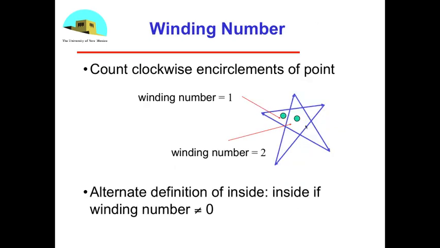Here we observe that the winding number, if you draw a line, all you have to do is look at the directions of the edges that it crosses to get the winding number, and just say if the winding number is not equal to 0, then you're inside of the polygon. And this ties together with the notion of tessellation and tessellation shaders that I brought up very briefly in a previous lecture.